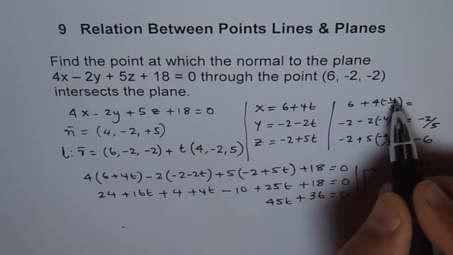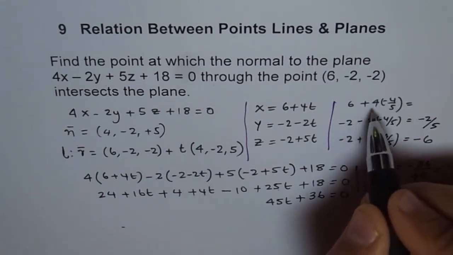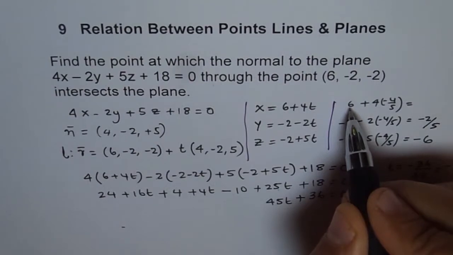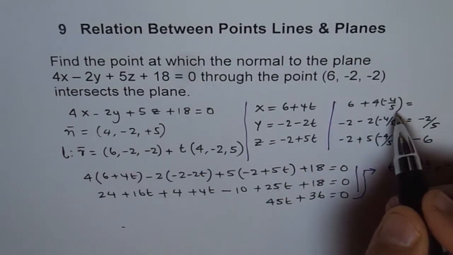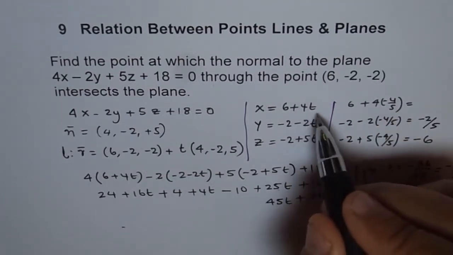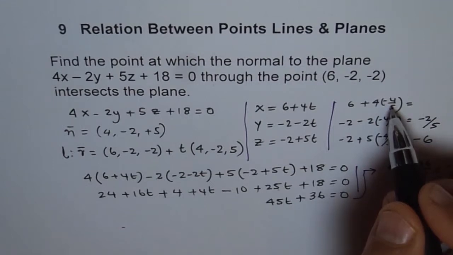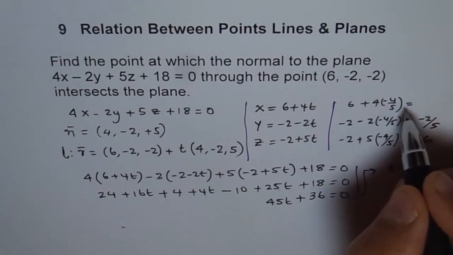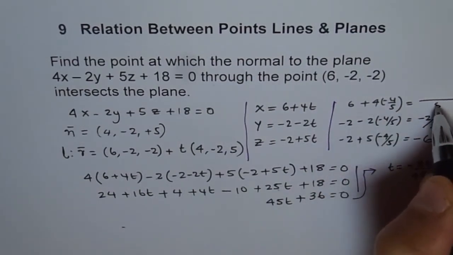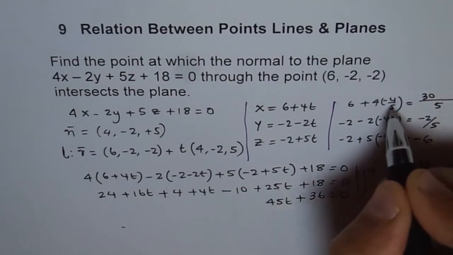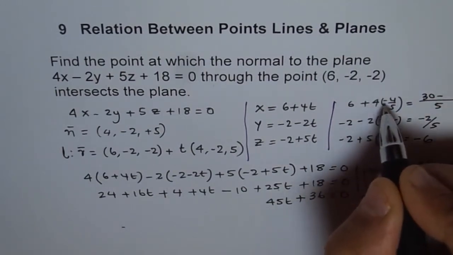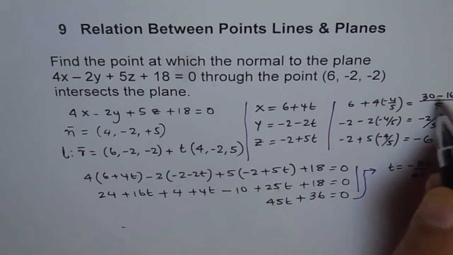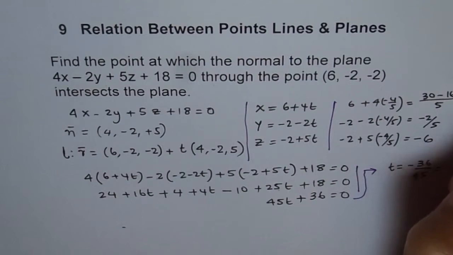For x, 4 times 4 is 16, so 6 minus 4 times 4 over 5. 5 is the common denominator. 5 times 6 is 30, and minus 4 times 4 is 16. 30 minus 16 is 14. So we get 14 over 5.